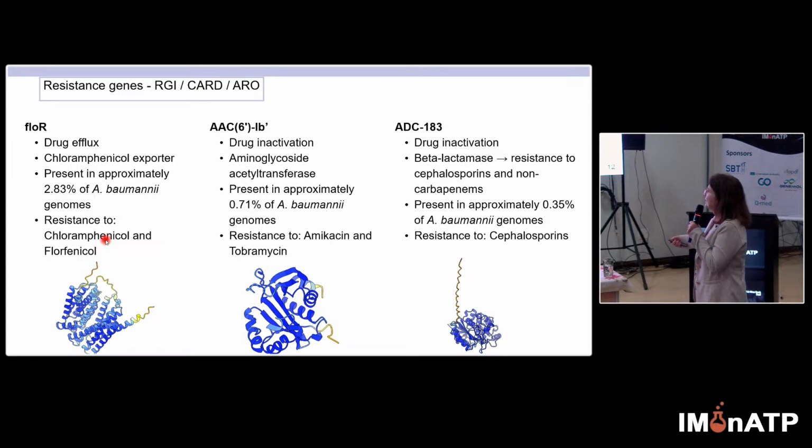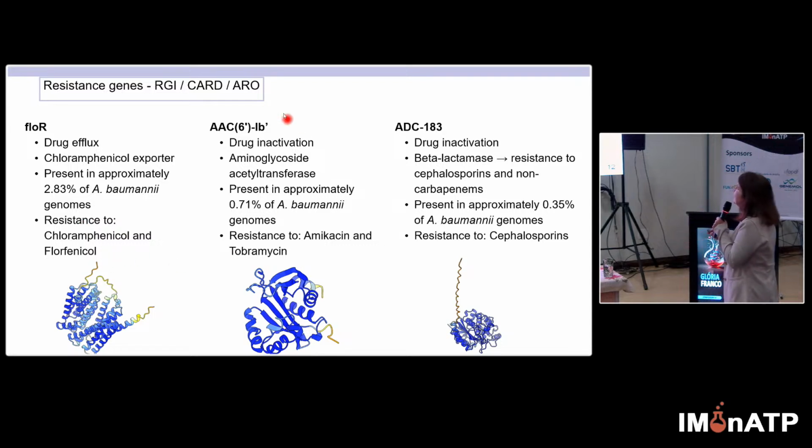It is responsible for resistance to chloramphenicol and florfenicol. The AAC(6')-Ib is a drug inactivation gene, an aminoglycoside acetyltransferase, present in only 0.7% of all Acinetobacter baumannii, and it promotes resistance to amikacin and tobramycin.